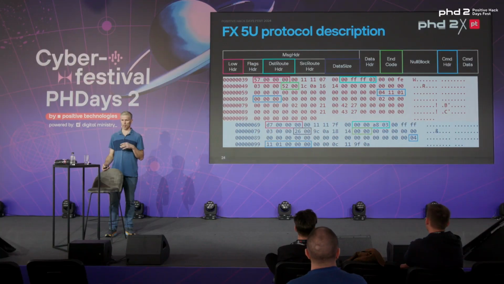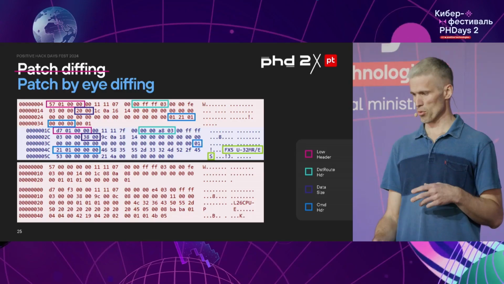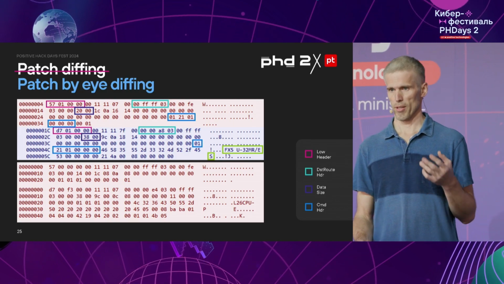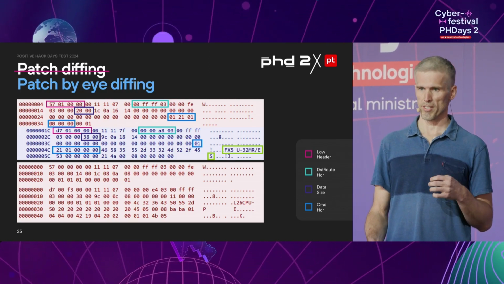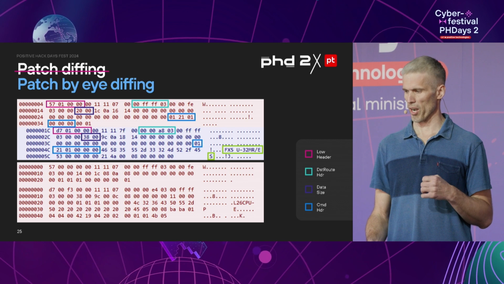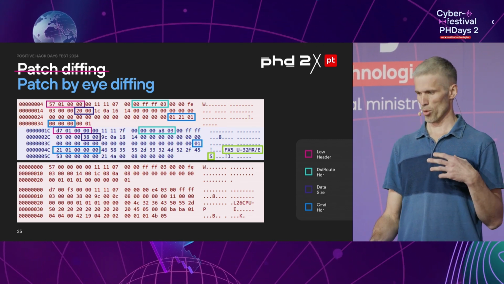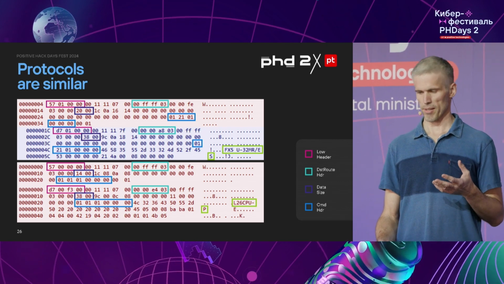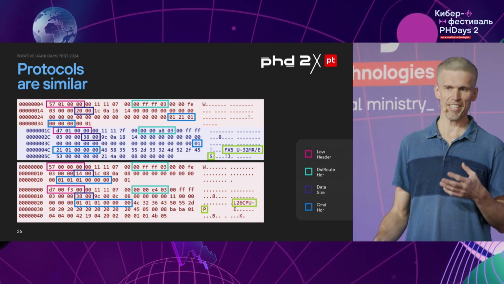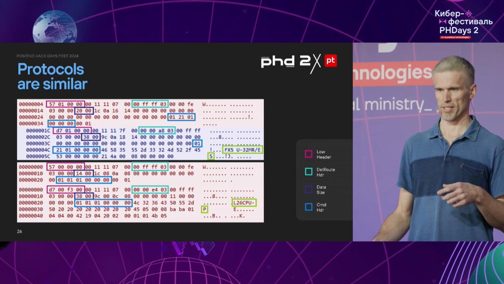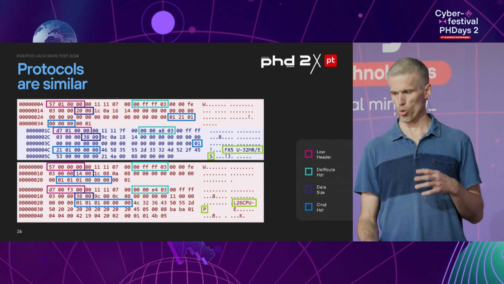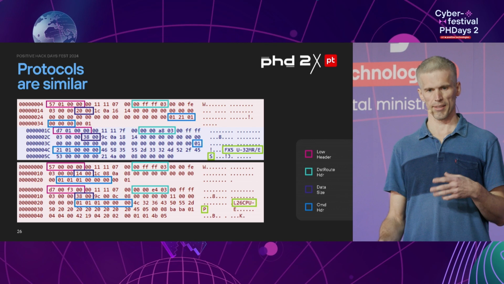So when I had to reverse engineer the protocol for the new device, I compared it against the old device. At the top you see the FX5U, and the L26 protocol is at the bottom. You can see here that we have the strings with the names of the controller, and it turned out that the protocols are not identical, but they are pretty close. They have similar fields.